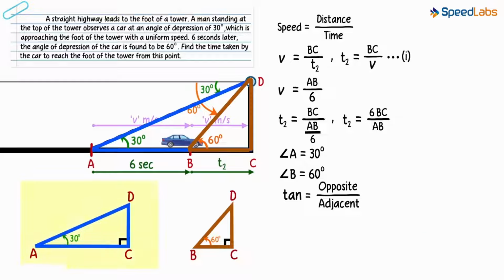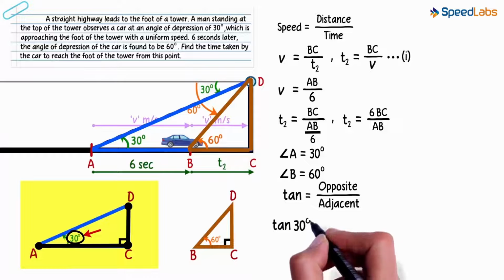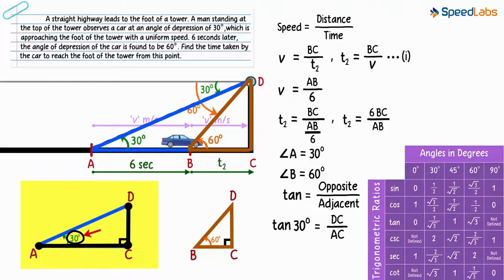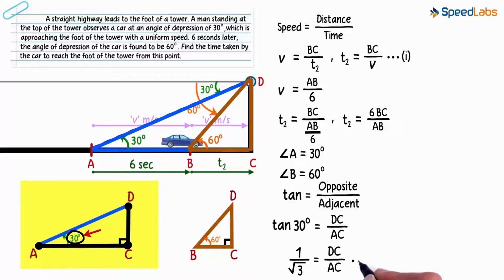In triangle DCA, opposite of angle A is DC and its adjacent is AC. Also, angle A is 30 degrees. We get tan 30 as DC over AC. From this table, we find that tan 30 is 1 over root 3. We call this equation 1 and keep it as is.